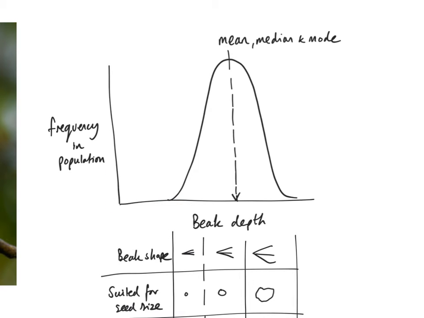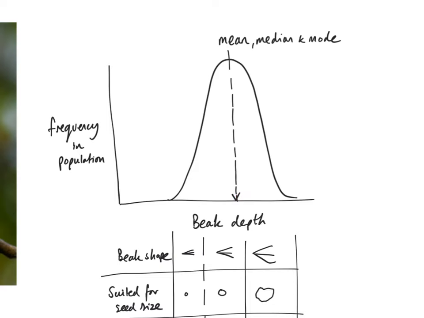Again, I haven't put any numbers on here, but if you measure things like that, you tend to get a normal distribution curve. And I know that this is a normal distribution curve because it's symmetrical about the mean. So this value here, if I come down from the peak to here, this is the mean.